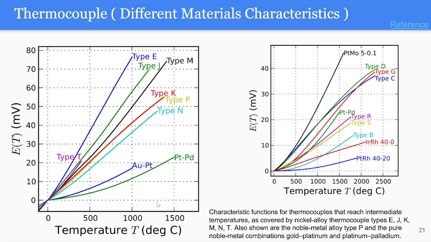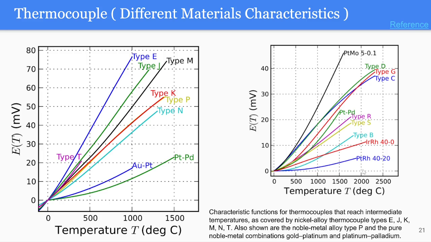And as you can see here, this one is pretty linear: temperature with respect to the voltage you will get. In simple words, you need to see which type of material is going to give you the required objective or function in your desired circuitry or needs.